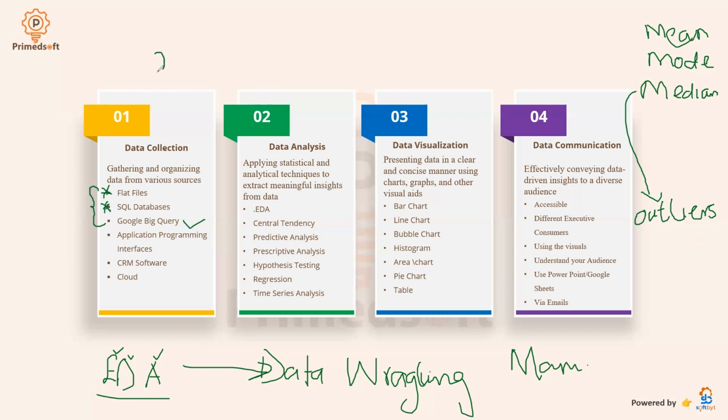I have 2, I have 7, I have 4, and I have 15. So if I calculate the mean, I put plus, and it will all be divided by 4.